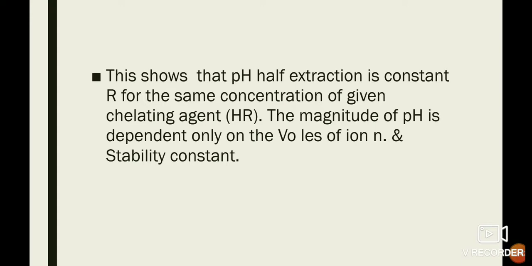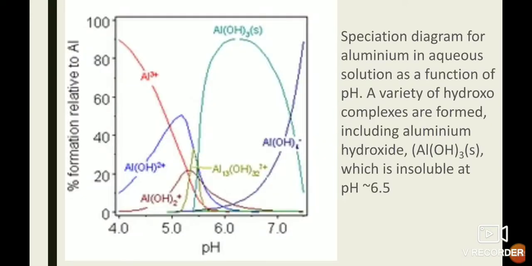The magnitude of pH half is dependent only on the organic phase, the charge of the metal ion, and the stability constant. Then a graphical representation, for example of aluminium: aluminium in aqueous solution as a function of pH.